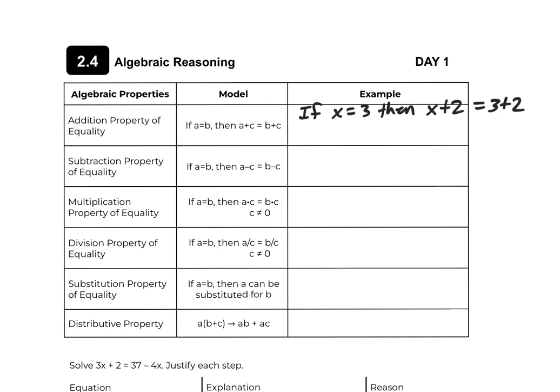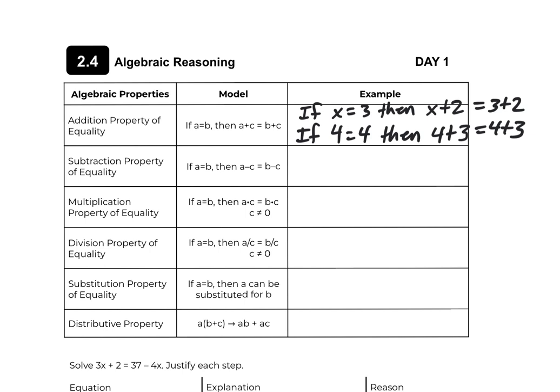If I want to put a number in there, if I want to say if 4 equals 4, then 4 plus 3 equals 4 plus 3. Okay? Right now, does 4 equal 4? Is that a true statement? Yeah. And as long as I add 3 to both sides, still equal, right? Both sides would still equal 7.